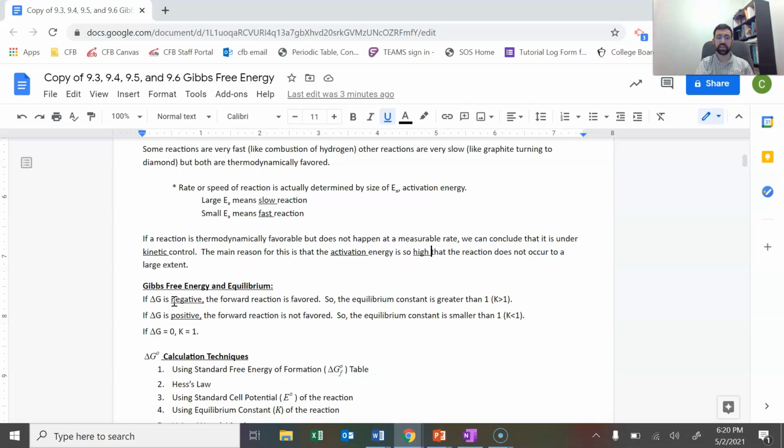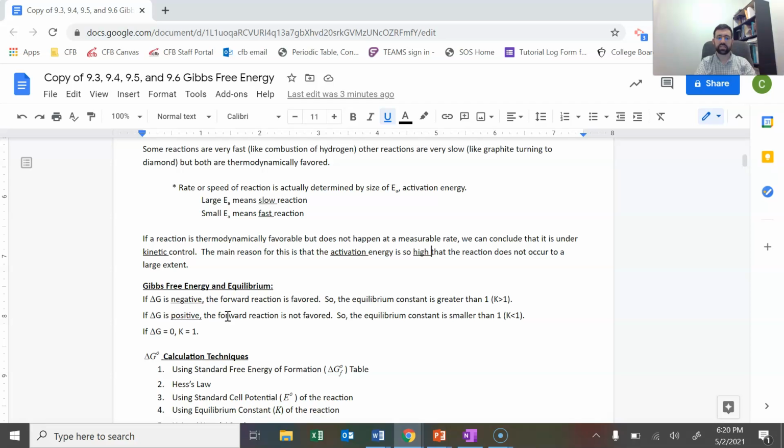If delta G is negative, the forward reaction is spontaneous, or it is thermodynamically favorable. So the products are favored. That means the equilibrium constant, K, has to be greater than 1. But if we have a very small K, a fraction or a decimal number, if K is smaller than 1, that's when delta G is positive.